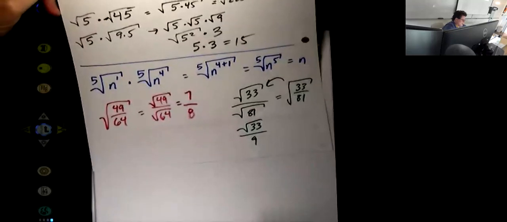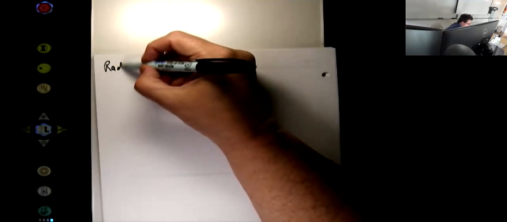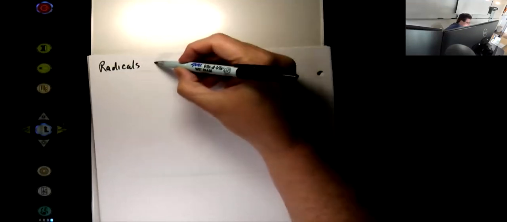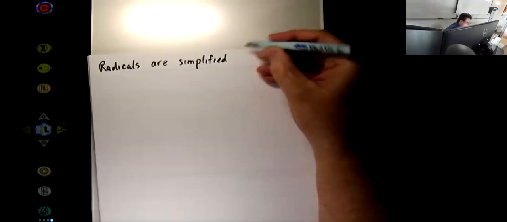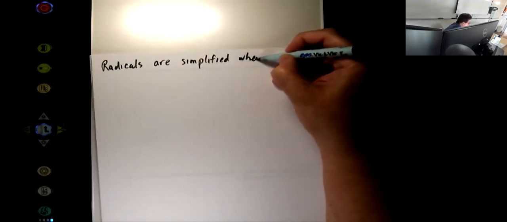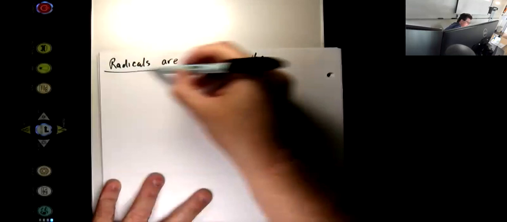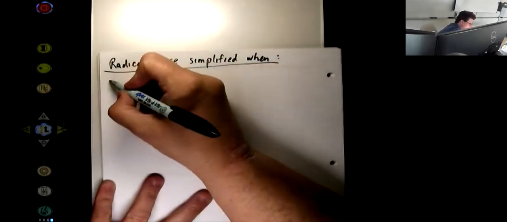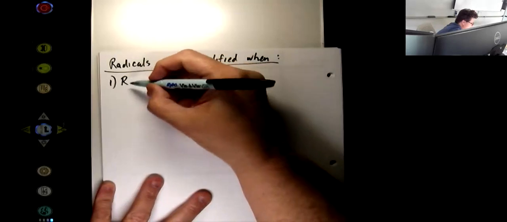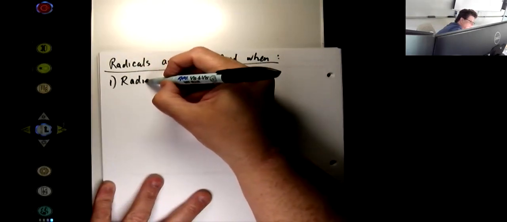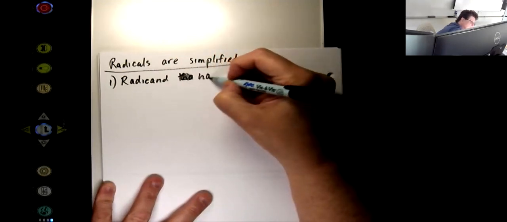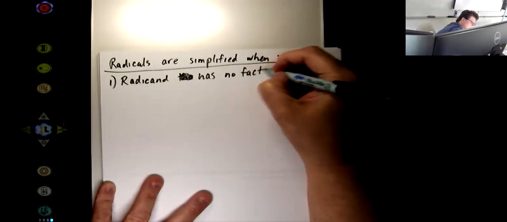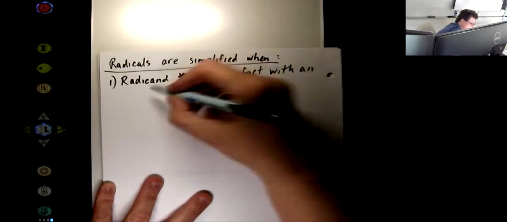Alright, so we got some rules for radicals. Radicals are simplified when, after we write the list, we'll take a little break real quick before we start working with them. One, the radicand has no factor with an exponent greater than the index.